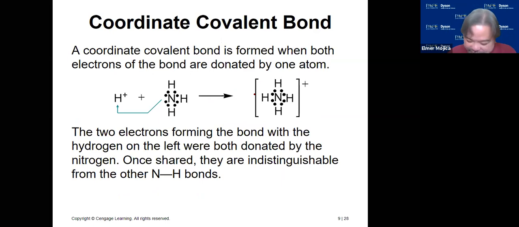Now there is a specialized covalent bond. One of them is the coordinate covalent bond. A coordinate covalent bond is formed when both electrons of the bond are donated by one atom. So what does it mean? In the case of hydrogen reacting with ammonia, ammonia would be represented like this.